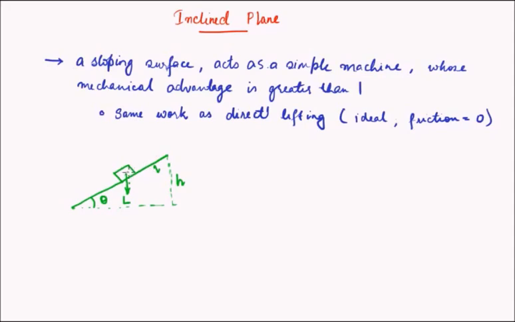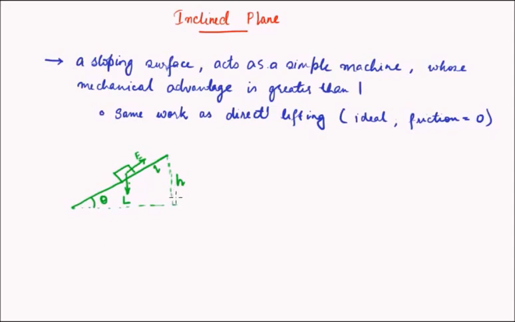Now that will be the externally applied effort, or the effort which we are applying to carry out the task. So this is a simple scenario of the inclined plane. That is, the plane is inclined at an angle theta, and it has to move a length L in order to achieve the height h.